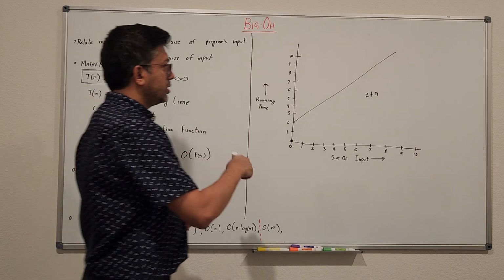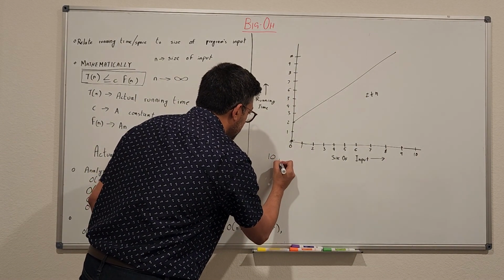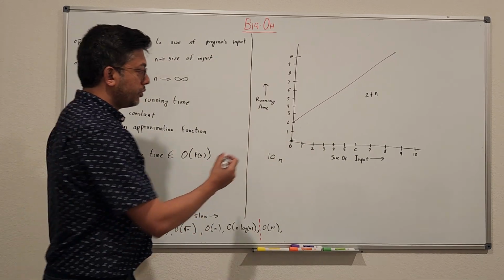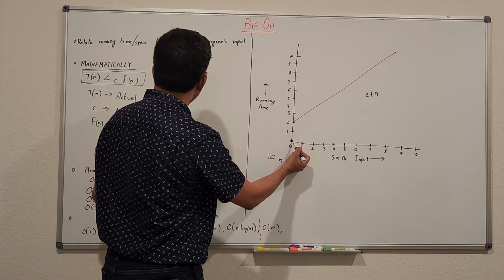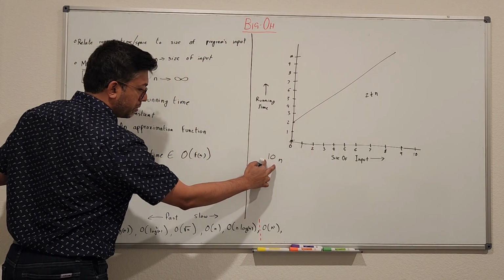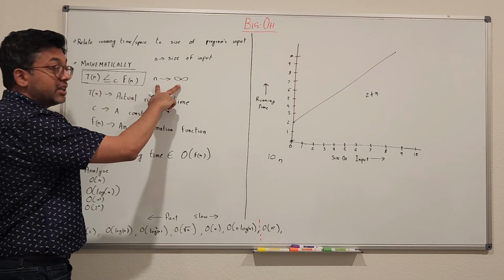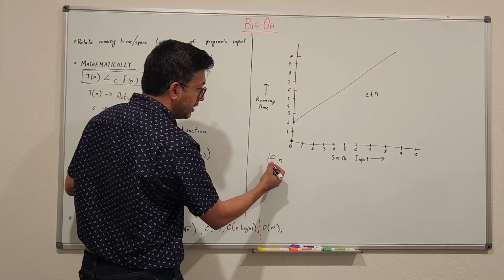Suppose my approximation function is 10 times n. For n equal to 0, of course it's not bigger, but I care about that as n tends to infinity. So let's see again for the next value.